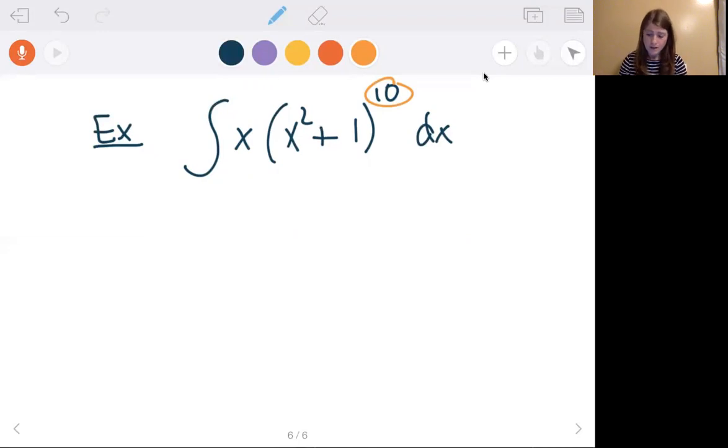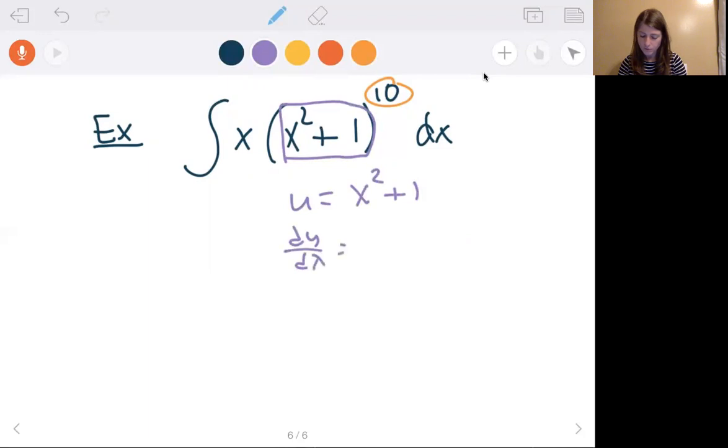However, if we wanted to save ourselves some work, we could notice that this looks like an inner function. We could think about our inner function as x squared plus 1. All of that gets raised to the 10th. And then if we think about the derivative of that inner function, it would really be 2x, which almost matches up.